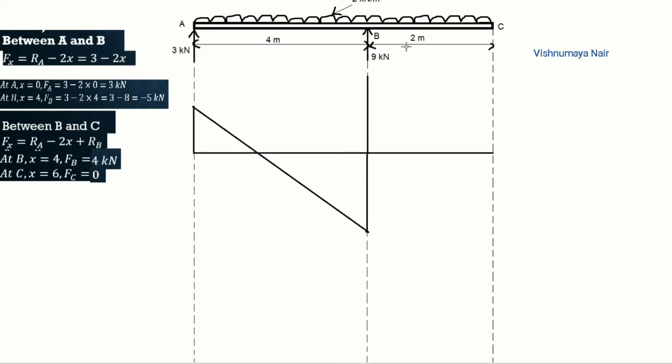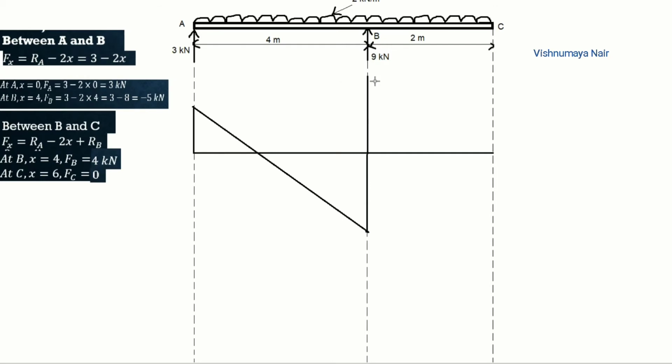Now the shear force variation between the points B and C is also according to straight line law. So here also the shear force is a function of the distance from the end A. And at the point B we have shear force equal to plus 4 kilonewton and at C we have shear force equal to 0.